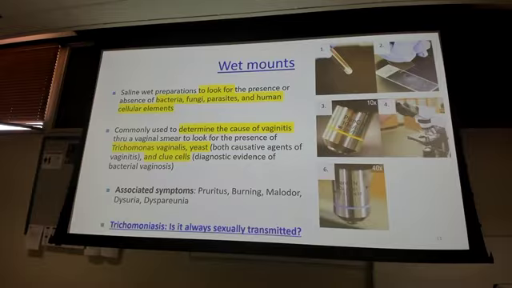As you see up in that top slide, you'll take a swab of the vaginal wall, put the specimen on a slide, and look at it under the microscope. A lot of times in vaginitis, you'll see things like yeast, trichomonas, and clue cells. So if I give you a question where a female patient comes in with itching, burning, and a foul odor in the vaginal area, just know that this is the test you're going to perform, which is a wet mount.